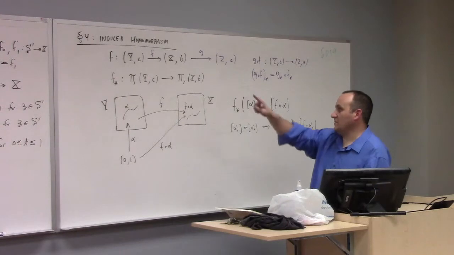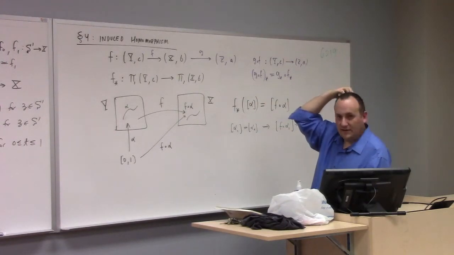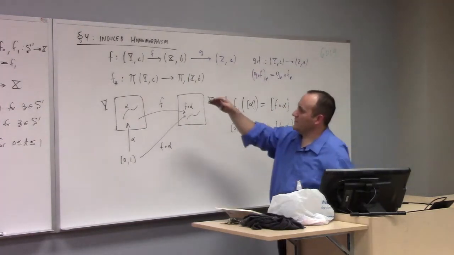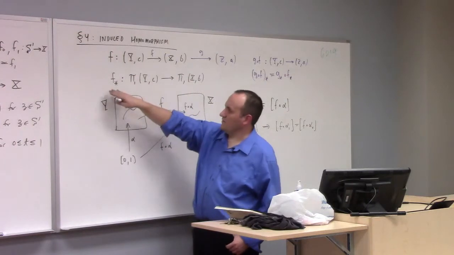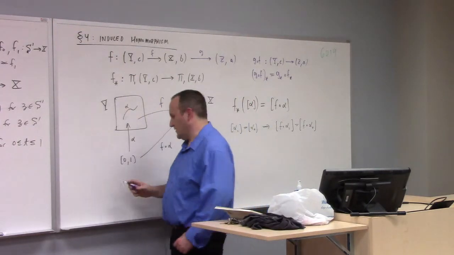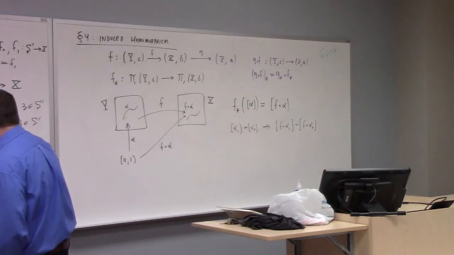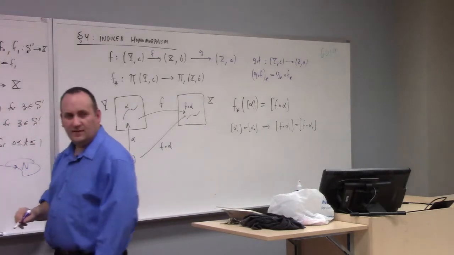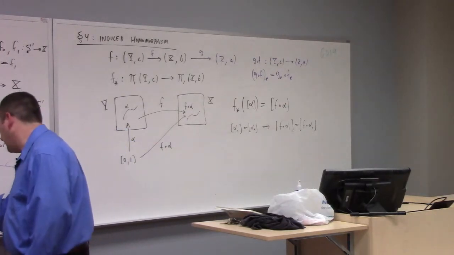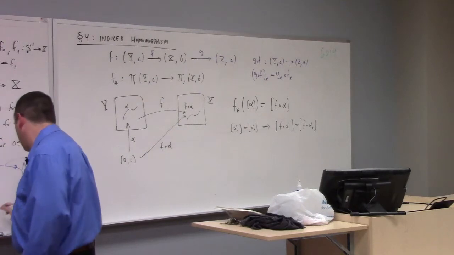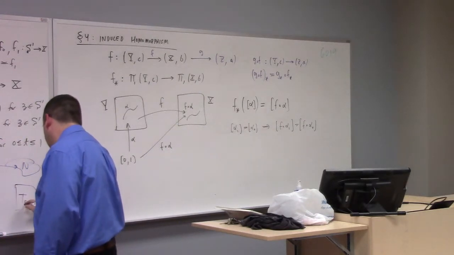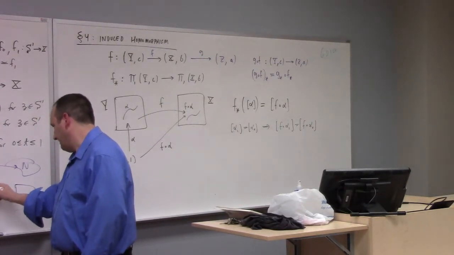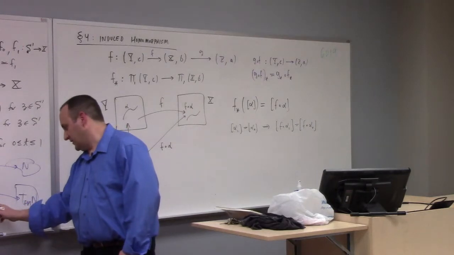There's something about this star thing, trading F for F star, that somehow connects, again, a way of going from the topological category to the group category. A similar example in manifold theory: you could have a manifold M, another manifold N, a function f, and then there's the tangent space to M and the tangent space to N. And there's a differential, which is also sometimes denoted F star.